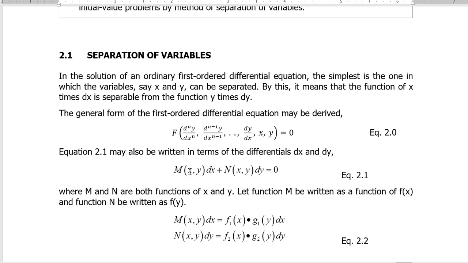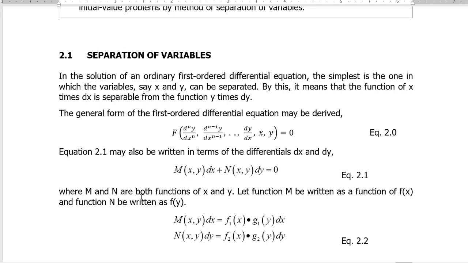All the partners of dx are M. Remember, M is a function of x and y, so it can contain x, y, or both. Then N is the partner of dy. It can also be a function of x and y, purely x, purely y, or a combination of both.